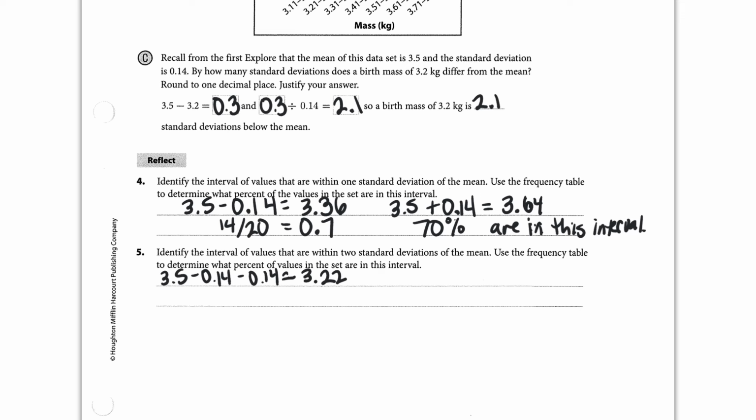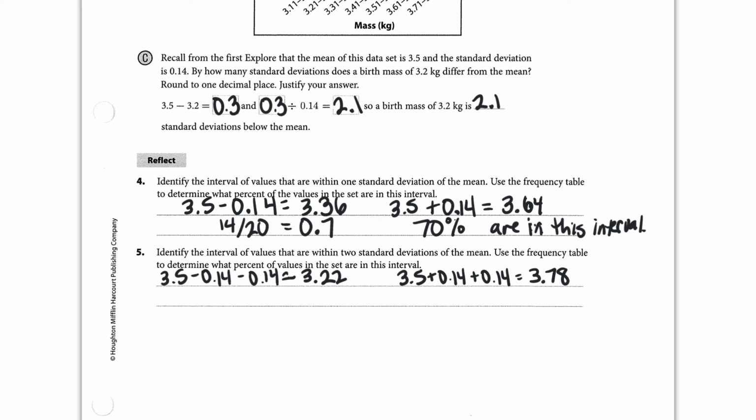And then to find the upper end, that's 2 away, we're going to add 0.14 twice. So how many are between 3.22 and 3.78?